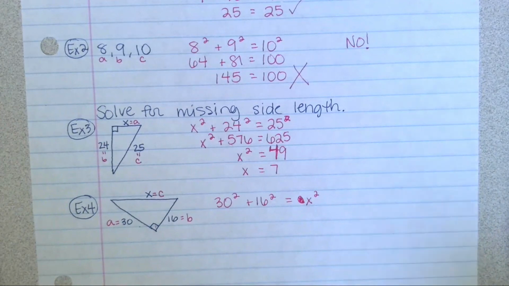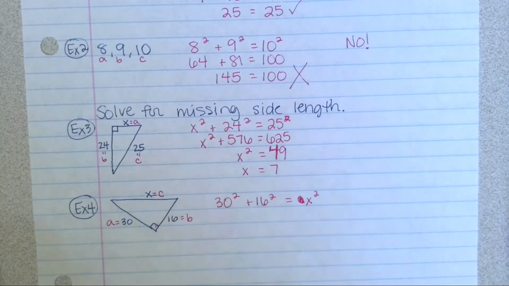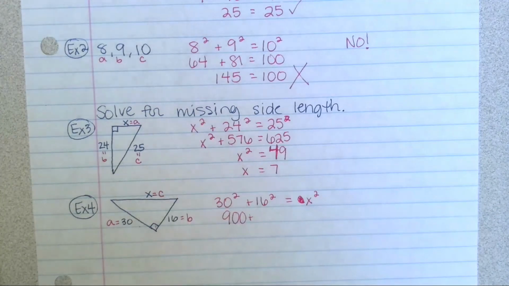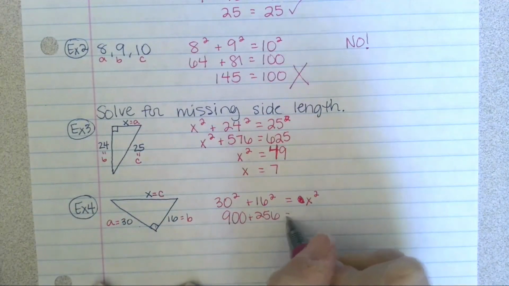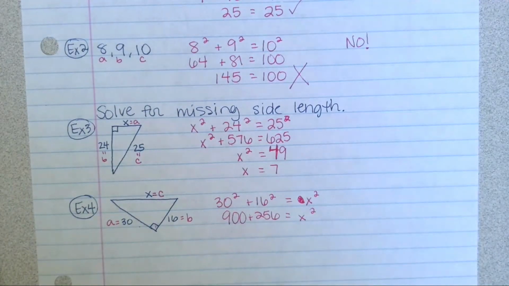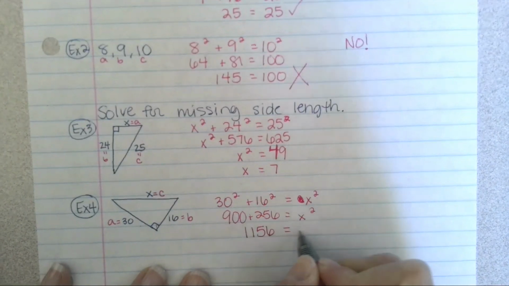And honestly, if you leave that as C squared, it's not going to be the end of the world. You'll still get the right answer. So 30 squared, 900. 16 squared is 256. 900 plus 256 gives me 1,156. So that is equal to x squared.